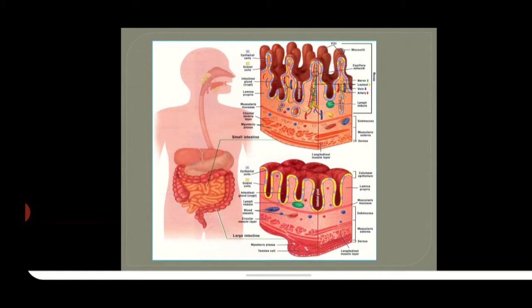And the lower image demonstrates the histology of the large intestine. So like this, it is modified in every part of the tract, and we will see one by one. So in this class we will see the histology of the esophagus.